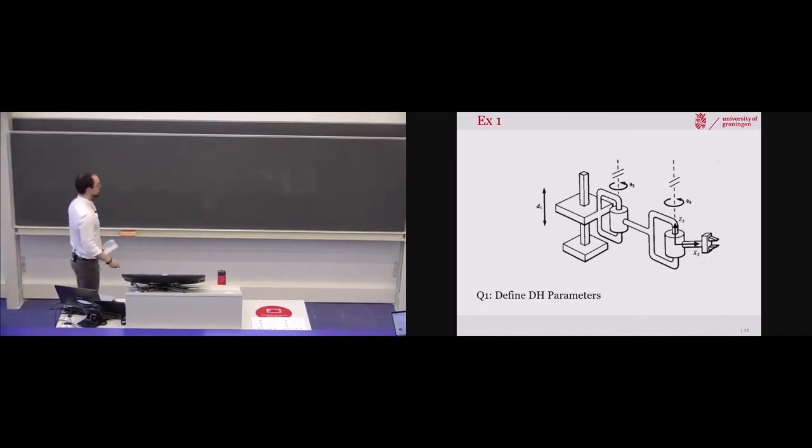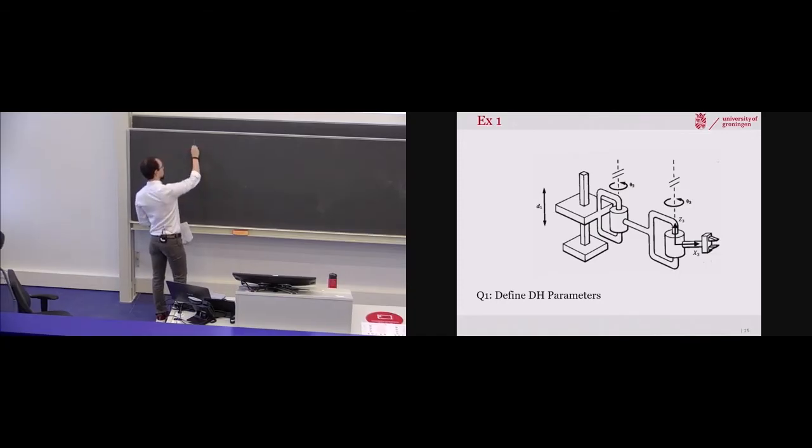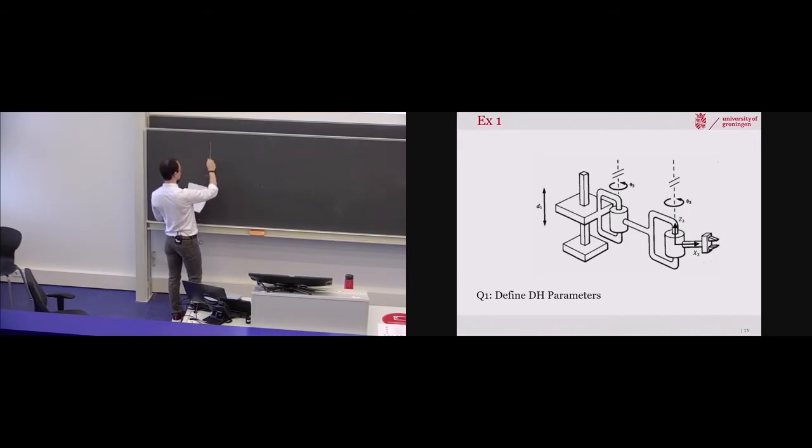Now, this particular arm has the base frame. We have a base over here. Then we have a prismatic joint over here, for which we put this symbol, and it can move in this direction. Okay, and this distance over here is D1.